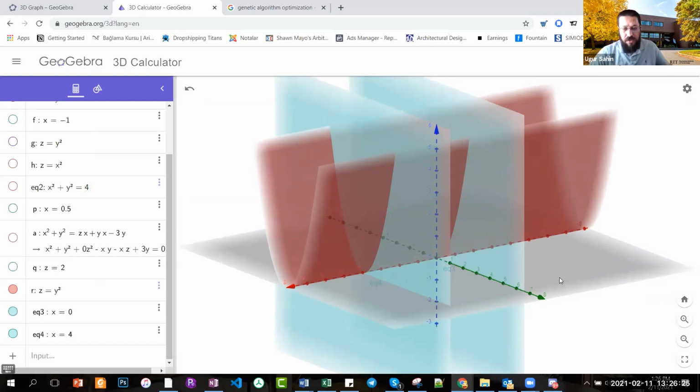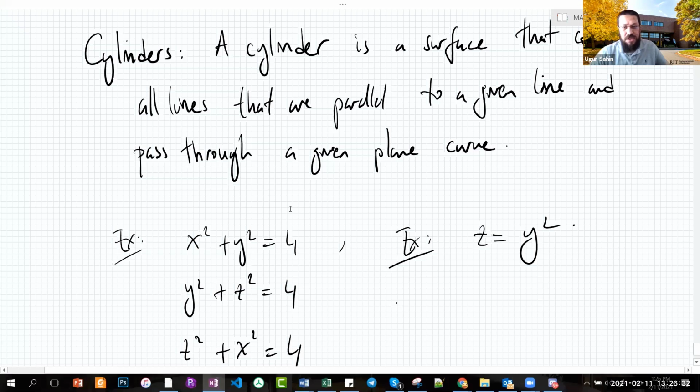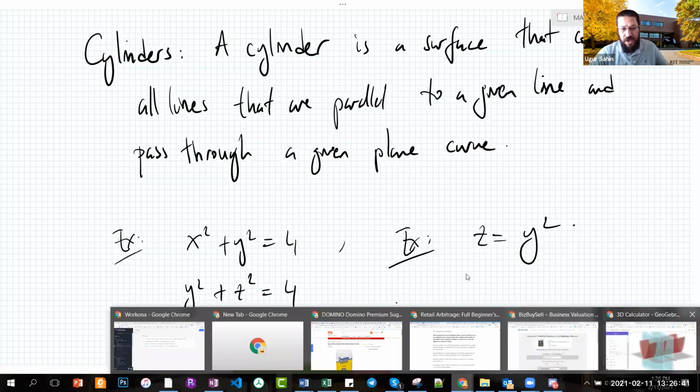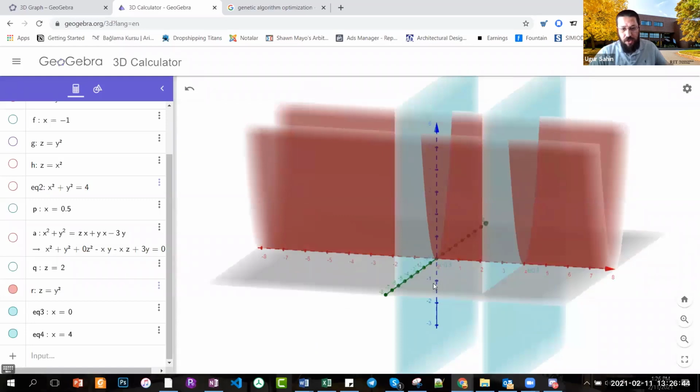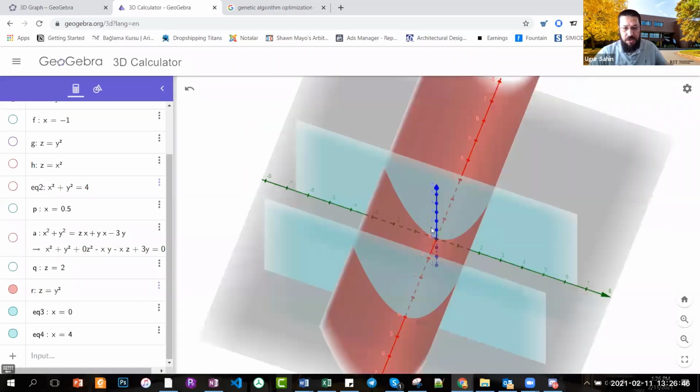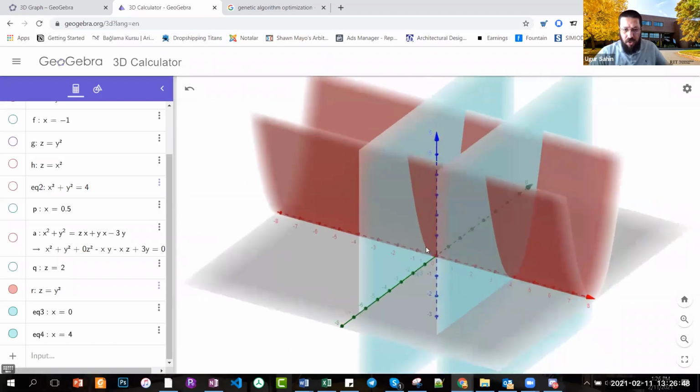No, that's not the cylinder. Look at the cylinder definition. It says a cylinder is a surface that consists of all lines that are parallel to a given line. What is the parallel line in my case? In my case, the parallel line is the x-axis. I showed you all the lines which create my shape; they are parallel to the x-axis.